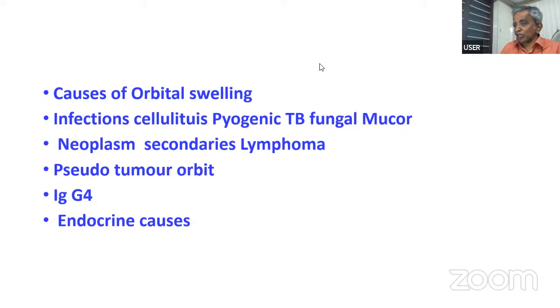Now, when you find thyrotoxicosis, is it hyperthyroidism or simply thyrotoxicosis? Suppose a nurse who is beauty conscious, wants to slim down, goes on taking 3 tablets of thyroxine per day.